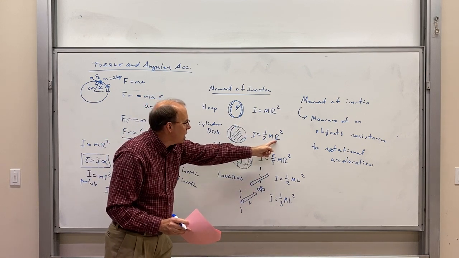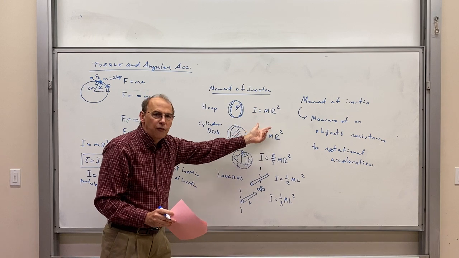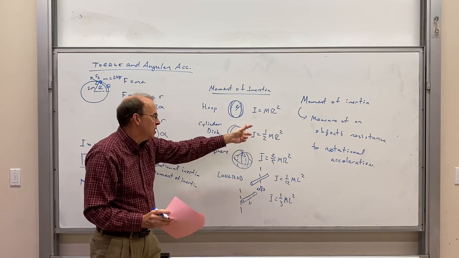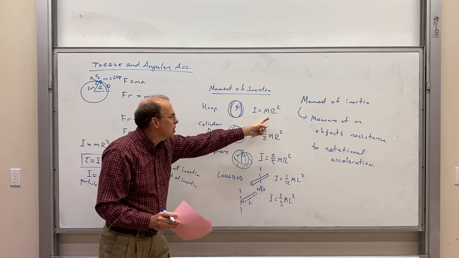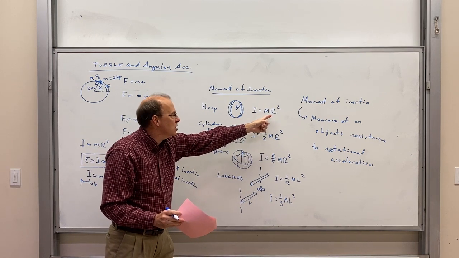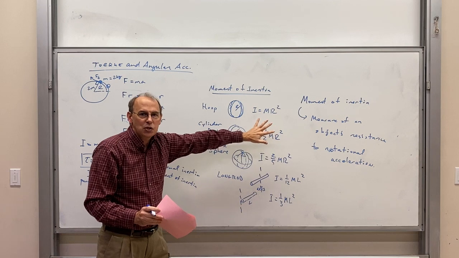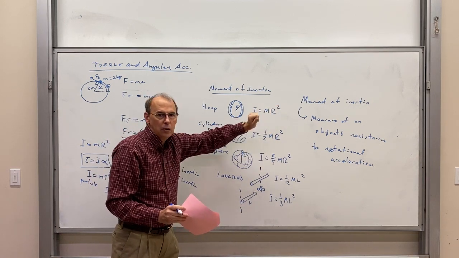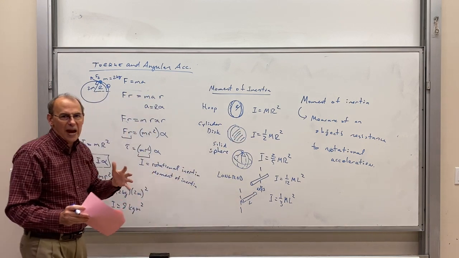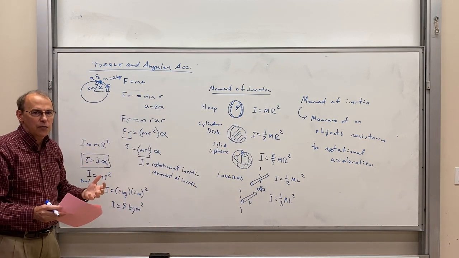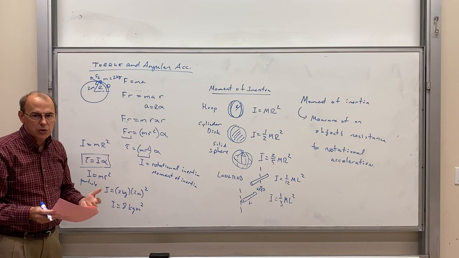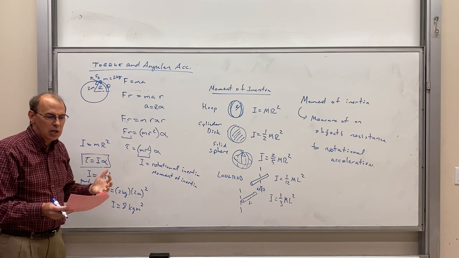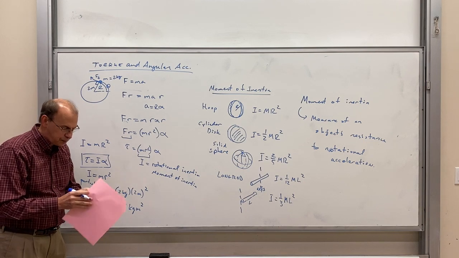But if I double the radius, I get 4 times the moment of inertia. If I triple the radius, it gets 9 times as hard to spin it, because the 3 gets squared. So where you put the mass makes a great deal of difference in speeding something up or slowing it down.